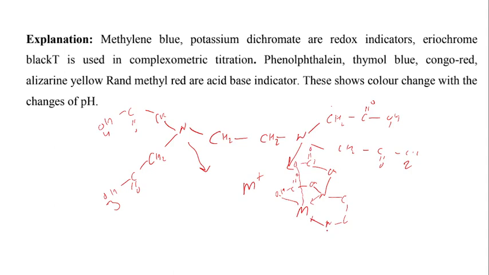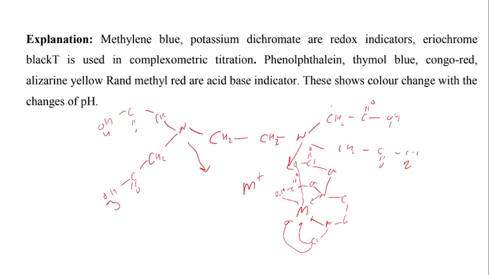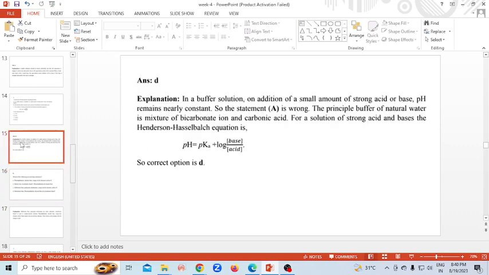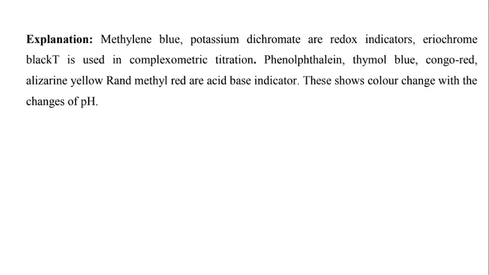Here also nitrogen, so same thing here also. So this EDTA molecule will surround this metal ion totally and make a complex. So it is known as complexometry titration, where the ligand is making a complex with the metal ion.